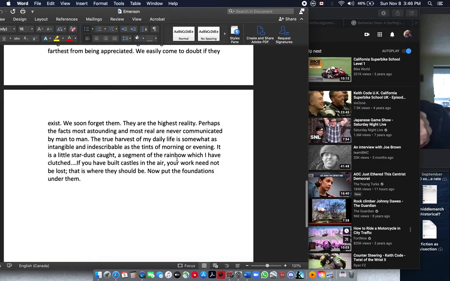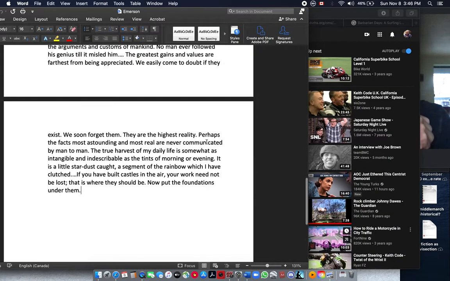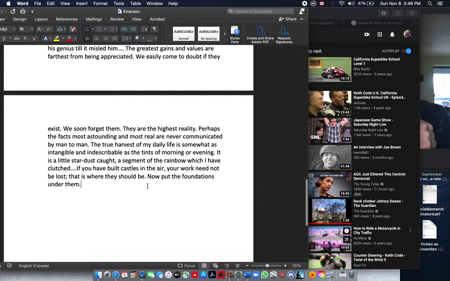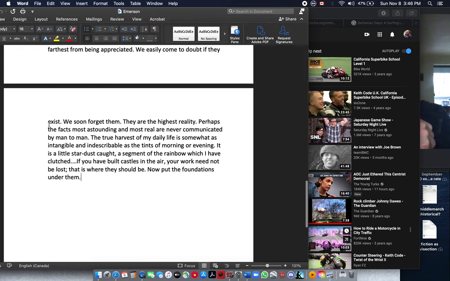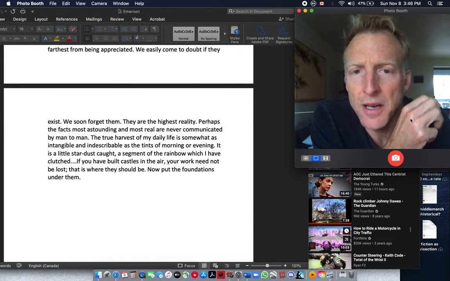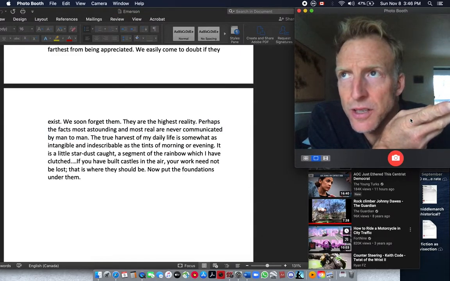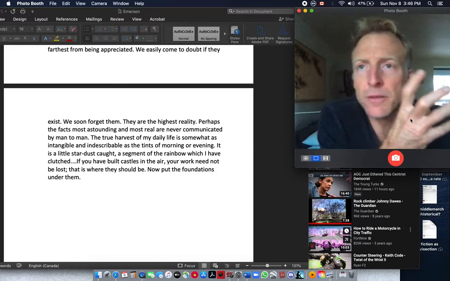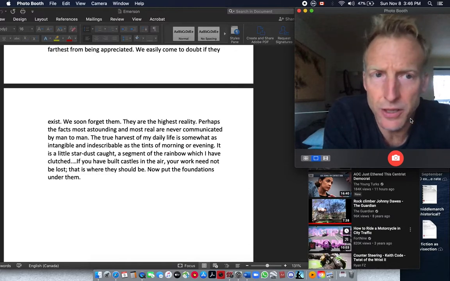And Thoreau likewise says here, perhaps the facts most astounding and most real are never communicated by man to man. What really matters is not what we actually say, what we actually consciously know and intentionally articulate.